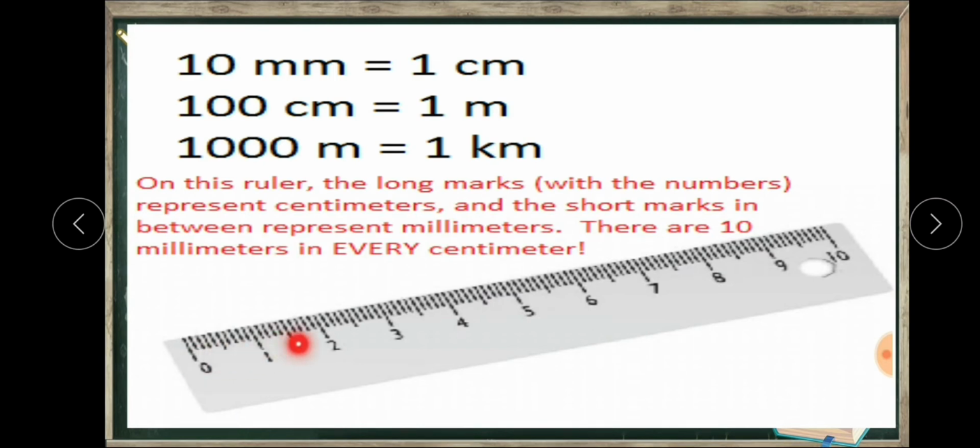There are 10 millimeters in every centimeter. So we can say 1 centimeter is equal to 10 millimeters. And in the same way there are 100 centimeters in every meter. So we can say 1 meter is equal to 100 centimeters and 1 kilometer is equal to 1000 meters.